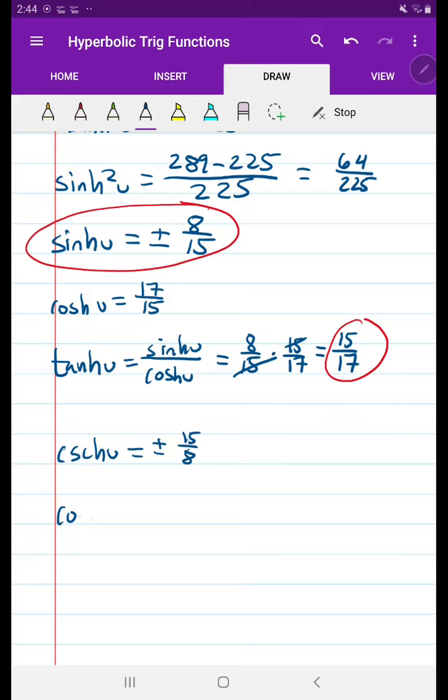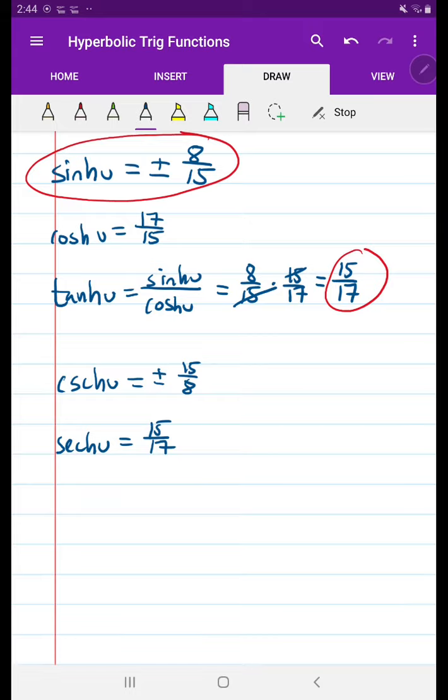And sech u is going to be the reciprocal of cosh, so that'll be 15 over 17. And then coth u is going to be the reciprocal of the tanh, so that'll be 17. Did I do that right?